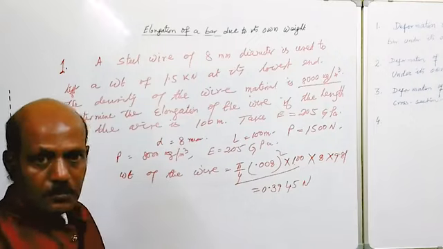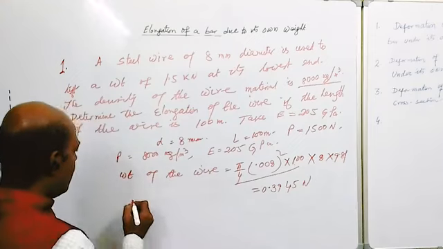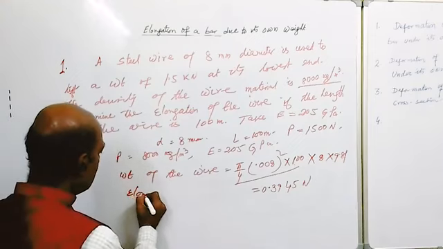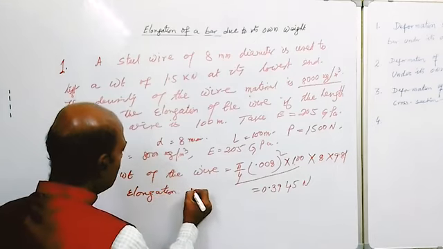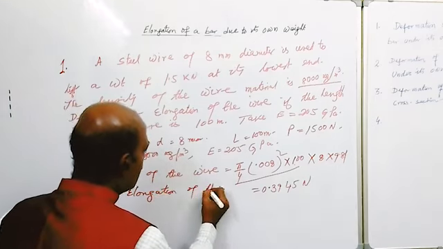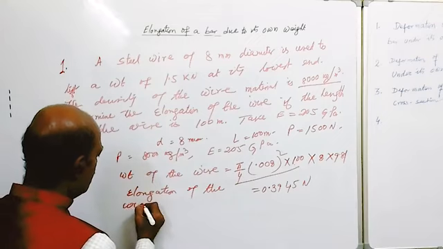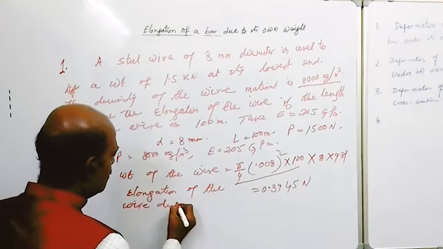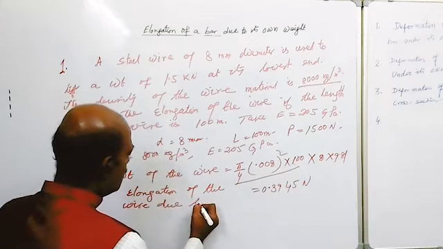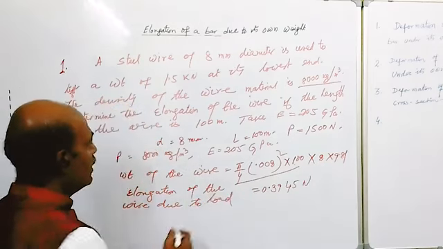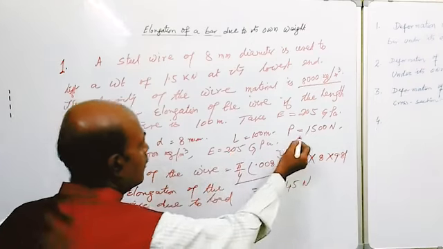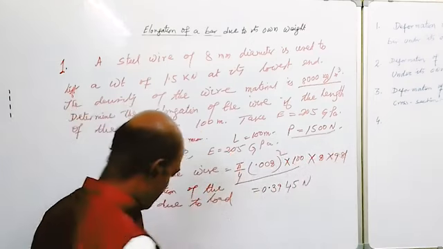So now we will calculate the elongation of the wire due to the load which is acting at the bottom end. The load is given as 1.5 kilonewton.